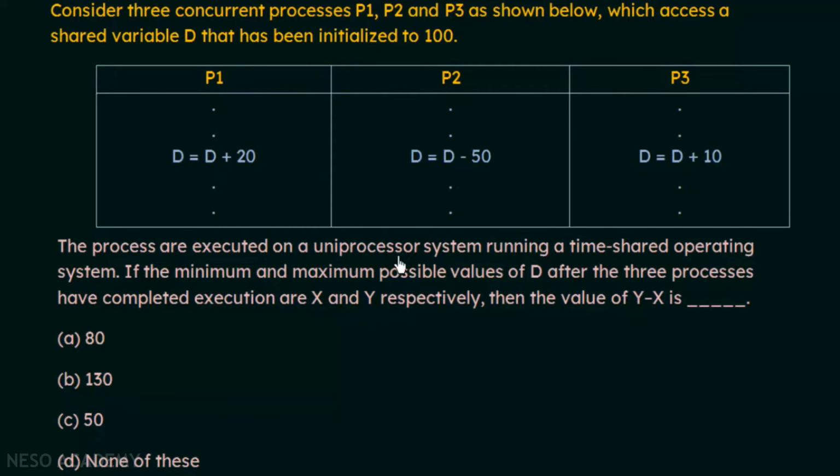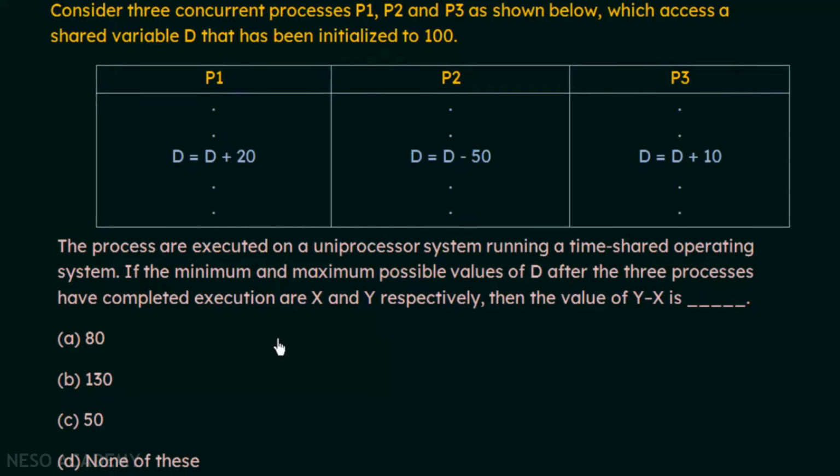That means only one process can run at a time, and it is a time-shared operating system. That means each process will be given a particular amount of time to execute, after which it will be preempted, and then the next process will be given the chance. So there will be a time slice for each of the processes to carry out their executions.